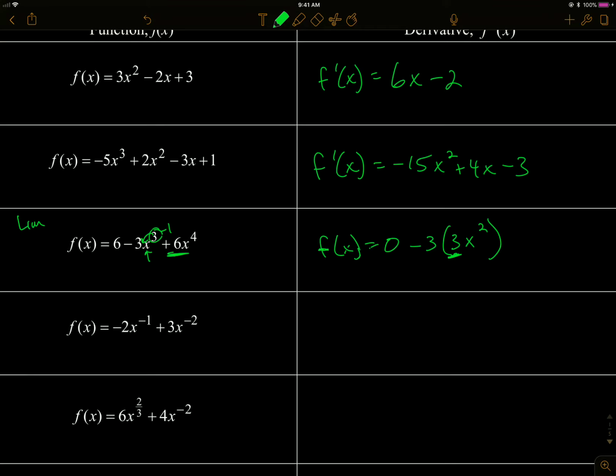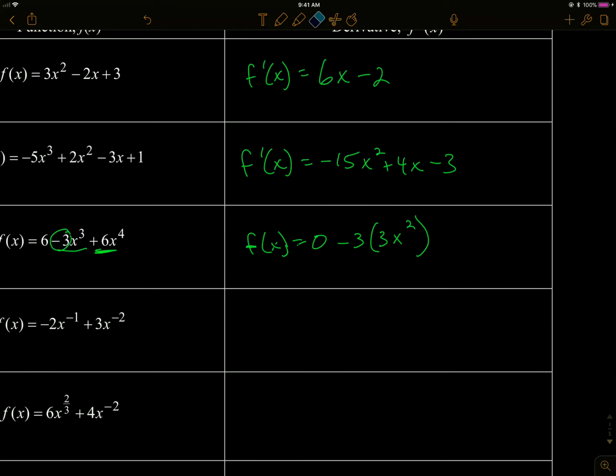Now, because the definition of a derivative is based in limits, when I want to take the derivative of negative 3x squared, I can deal with the negative 3 later. I can take it out, just like when I do a limit, then just do the derivative and multiply it by the answer later. I do the same thing with constants in limits as well.